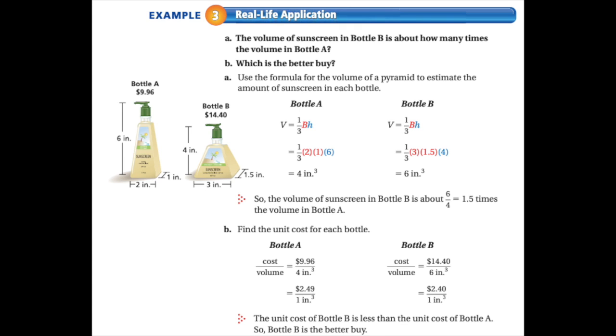Bottle B, same sort of idea. You take $14.40 divided by 6, and you end up with $2.40 per 1 inch cubed. And so, of course, a better buy is the cheaper price, so bottle B here is the better price.